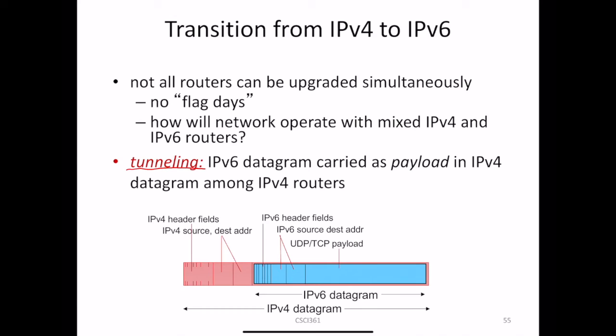The blue area is the original IPv6 datagram, and this entire thing is the new IPv4 datagram. So this IPv4 router just inserts an IPv4 header here, combined with this original IPv6 datagram, to get a new IPv4 datagram, then sends it through the IPv4 routers.